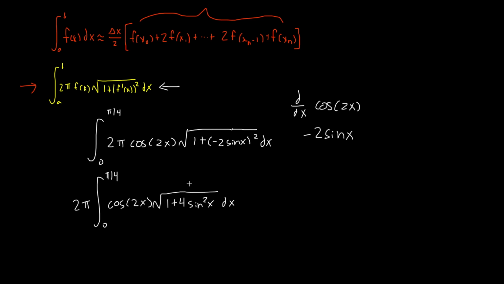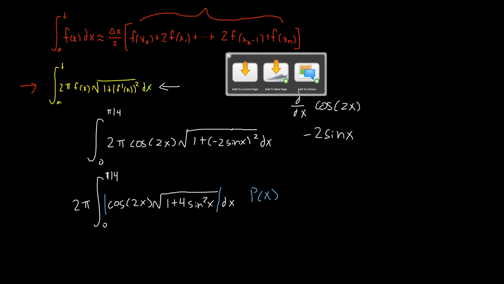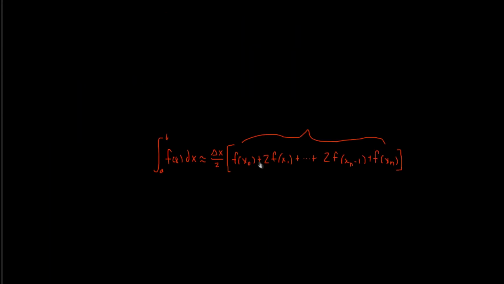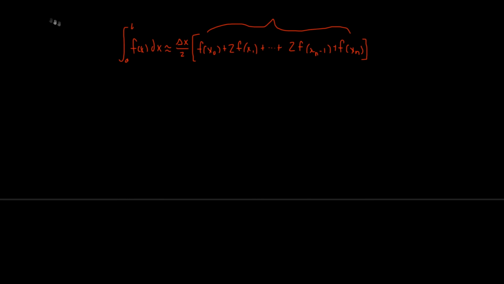That's great. And since we're going to be using this quite a bit with the trapezoidal rule, for the rest of this video I'm going to call this integrand p of x. The p is for no discernible reason. I just think it's going to shorten things quite a bit and make the process a lot more efficient. So let's copy this for the next slide and start applying the trapezoidal rule.